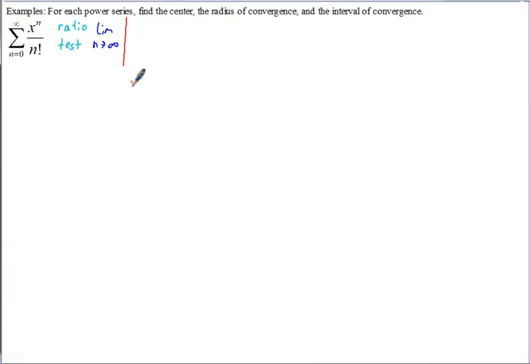So a sub n plus 1 would be x to the n plus 1 over n factorial, divided by a sub n, which is just x to the n over n factorial.